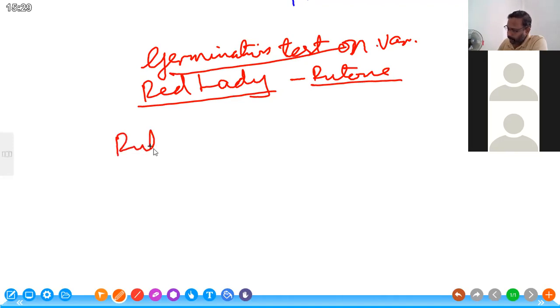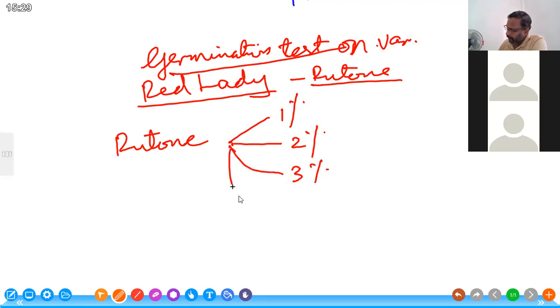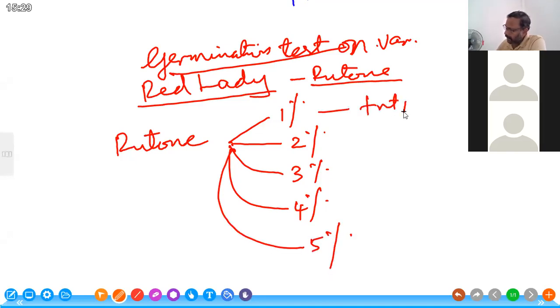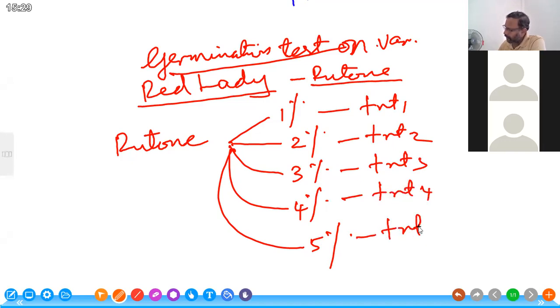I'm taking root-on at different concentrations: 1%, 2%, 3%, 4%, and 5%. I have 5 treatments: treatment 1, treatment 2, treatment 3, treatment 4, and treatment 5. I'm considering these the treatments.